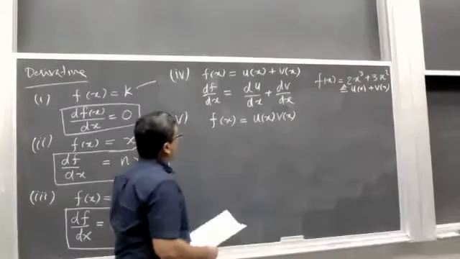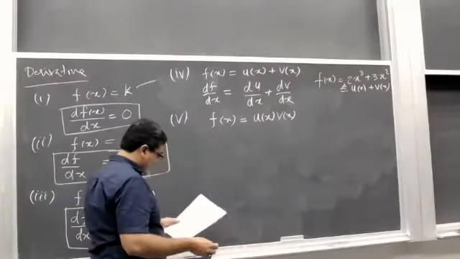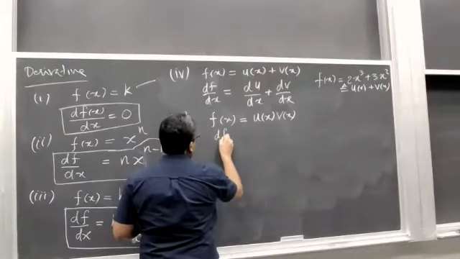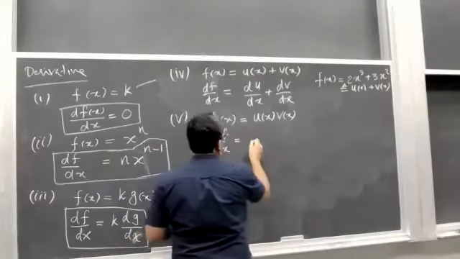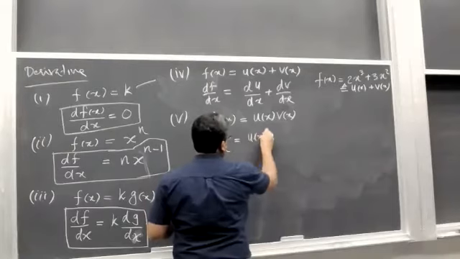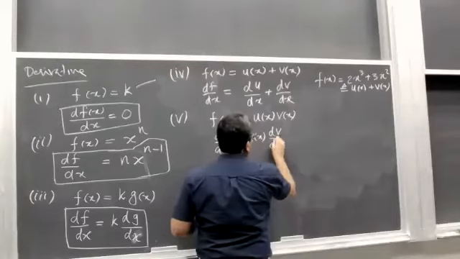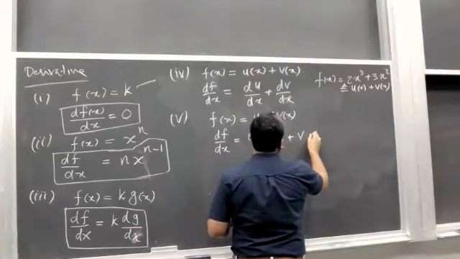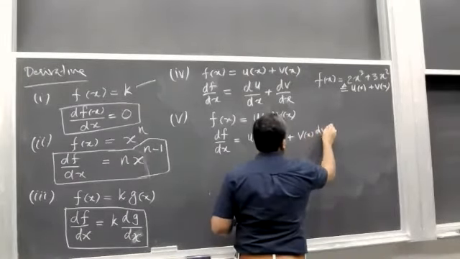So if you have a function which is a product of two other functions, in that case, this is what the derivative of f of x would be. df over dx: the first function as such multiplied with the derivative of the second function plus the second function as such multiplied with the derivative of the first function.